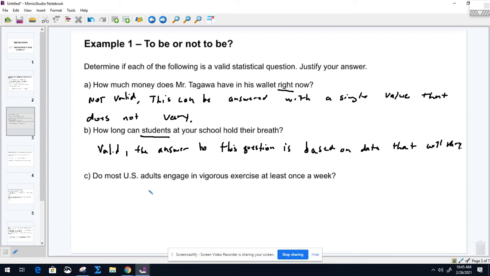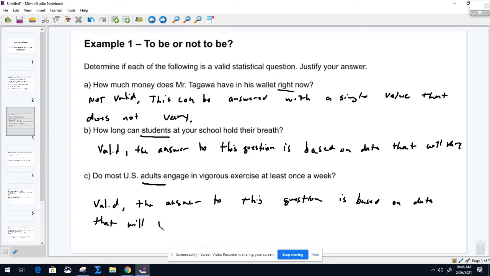Question C, do most U.S. adults, again, here's the word adults, we're not looking at one, engage in vigorous exercise at least once a week? Okay, so do most, and this is valid. Again, when I ask you if this is valid or not, you're going to have the same response here. The answer to this question is based on data that will vary.